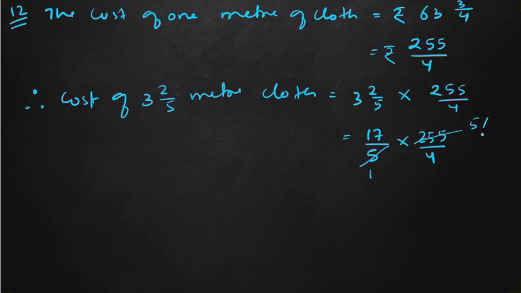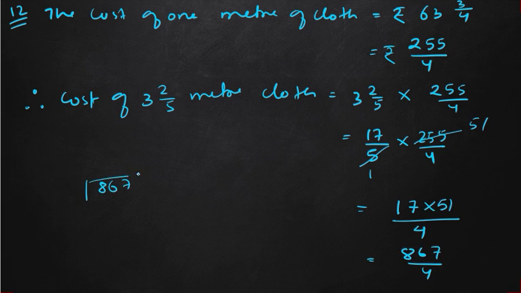So the answer will be 17 into 51 divided by 4. If we multiply 17 into 51, we will get 867 divided by 4. So we need to divide 867 by 4.